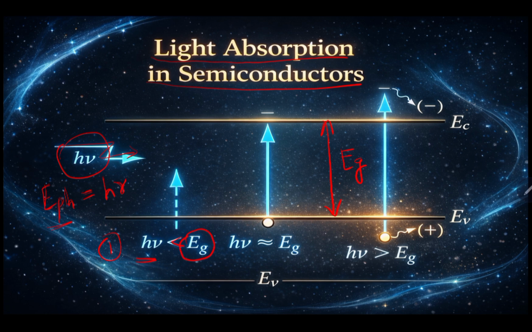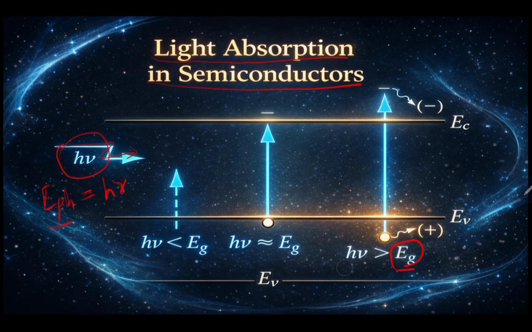The second case is that the light energy is approximately equal to the band gap energy. The third case is that the light energy is greater than the band gap. These are the three conditions, and now we will discuss what happens in each case.